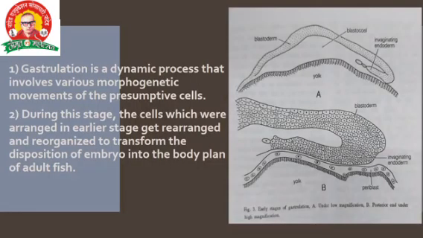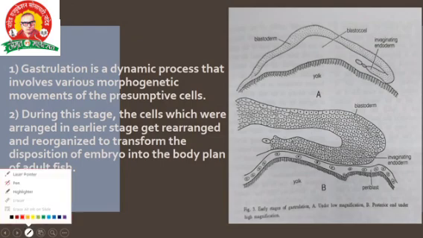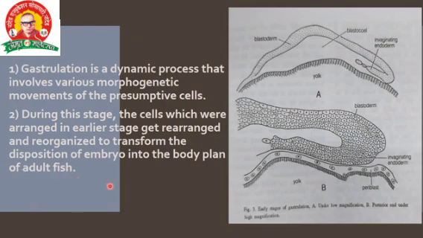On my right hand side, you see the figure of early stage of gastrulation under low magnification, and the B figure shows the posterior end under high magnification. The figure indicates all things. I will explain one by one.